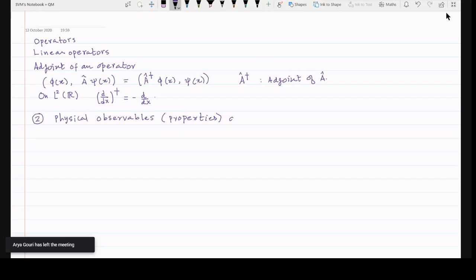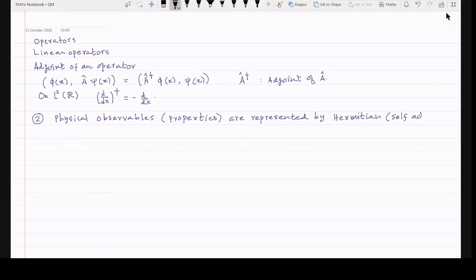Physical observables are represented by Hermitian, which can also be called self-adjoint, operators acting on the state space.